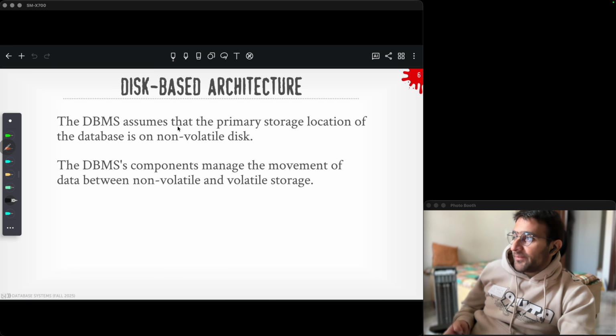If I want to read data off the disk, I cannot just say I need this particular byte at this offset. I have to read in a block, usually 512 bytes or 4 kilobytes, into memory, and then get to the particular byte I need.